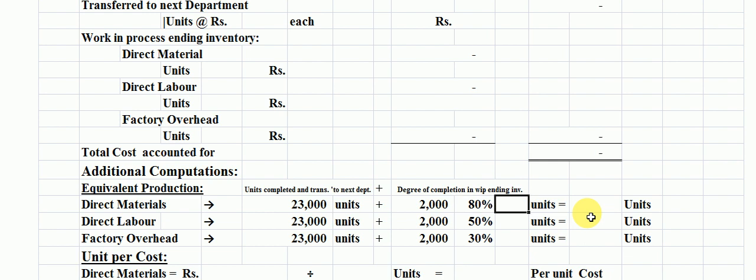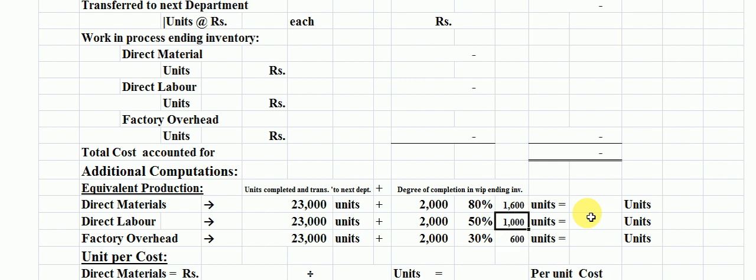Now we will find the completion units in working process and ending inventory here. 1,600 units are completed in material, same as we have copied below in both the boxes, like labor units and factory overhead units here.